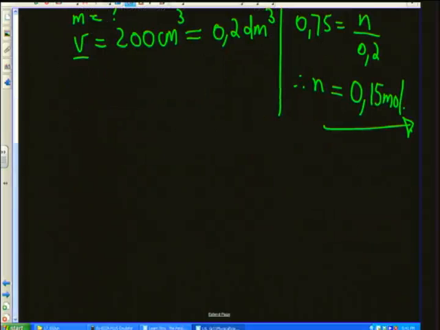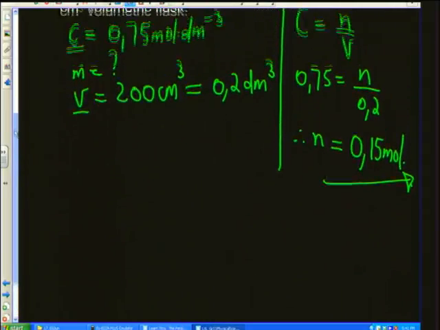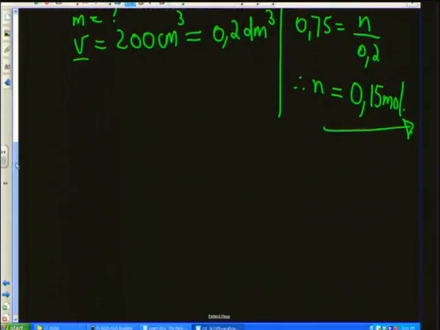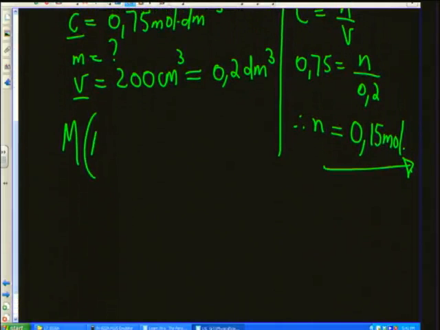Now, we've got 0.15 moles of sodium hydroxide to use. What will be the mass? For us to get to the mass, we also have to find the molar mass of sodium hydroxide. How do we get that? Remember what we do. For sodium, you go to the periodic table. It's 23.